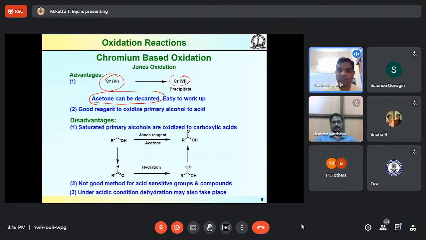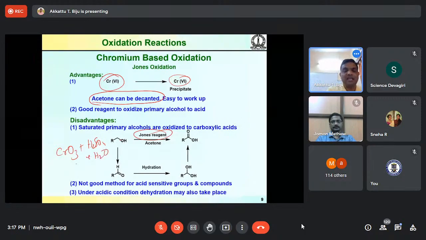So it is easy to do the reaction. But the disadvantage of the Jones reagent is that it is good for converting alcohol to aldehyde to acid, and we know that Jones reagent is the combination of chromium trioxide, acid, and water.